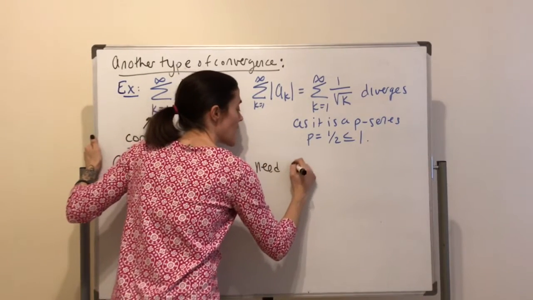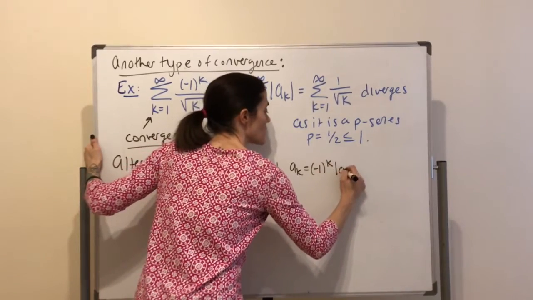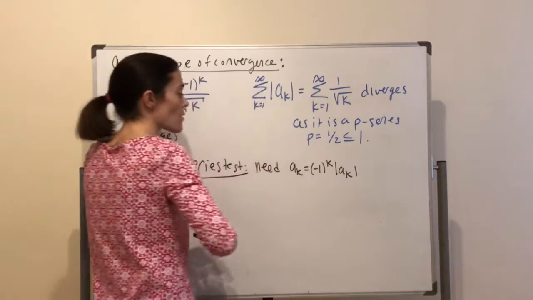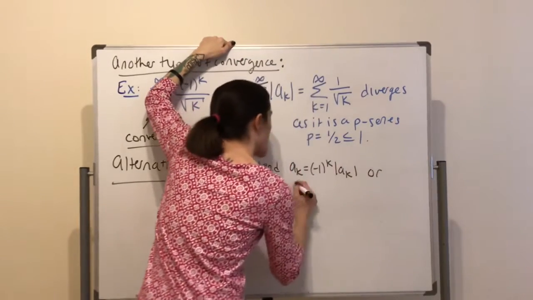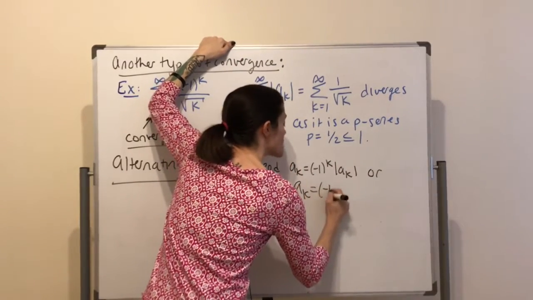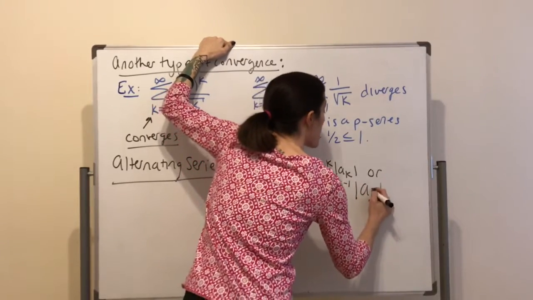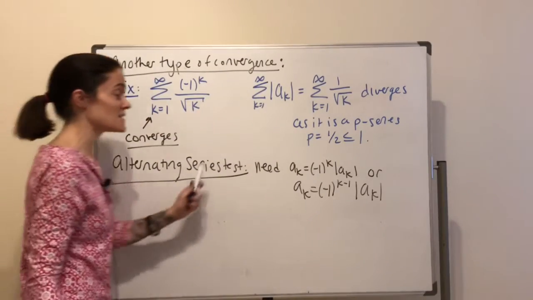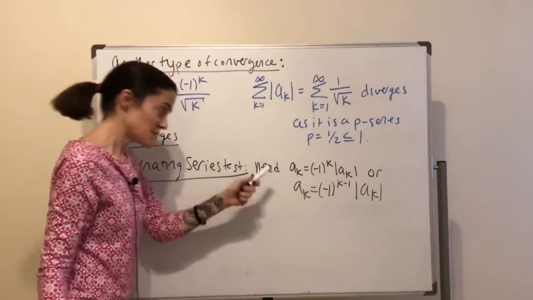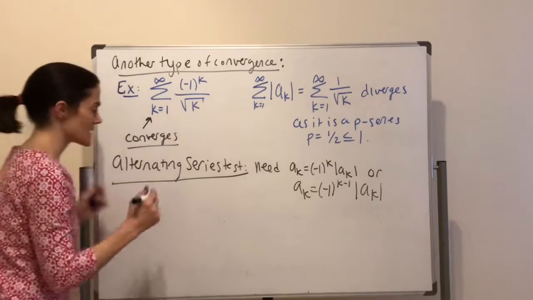So you need that a_k is minus 1 to the k, absolute value of a_k, or you need that a_k is minus 1 to the k minus 1, absolute value of a_k. It must be alternating for the alternating series test. So we need this part, which says you are alternating, and then there are two more things.